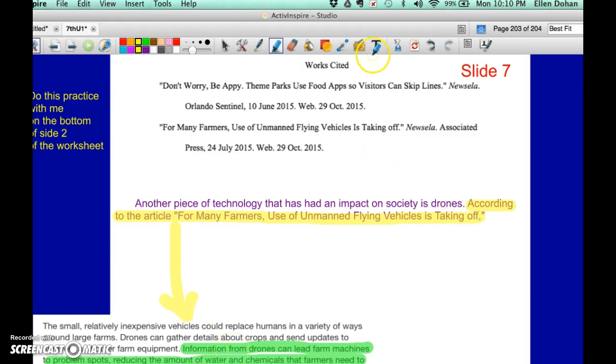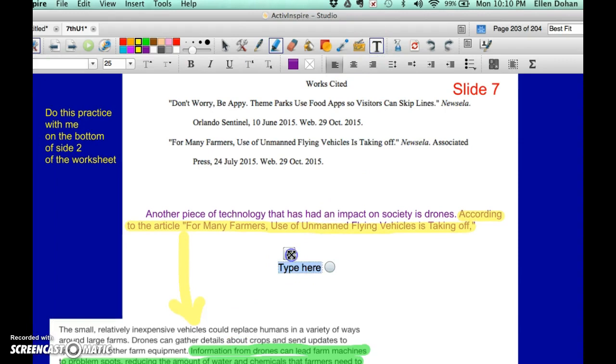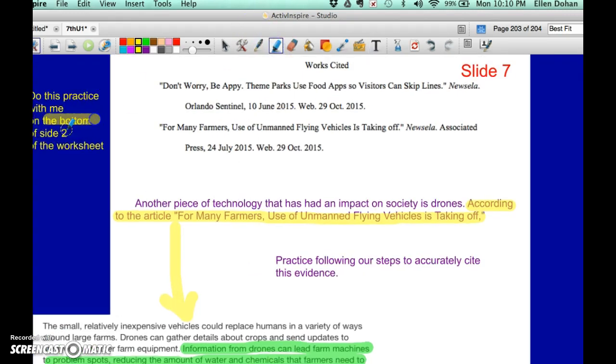Your goal is to practice following our steps to accurately cite this evidence. You're going to do that again directly on the bottom of this worksheet, and we will go over it tomorrow in class. If you have any additional questions, please write them down and bring them to class tomorrow. Have a great day!